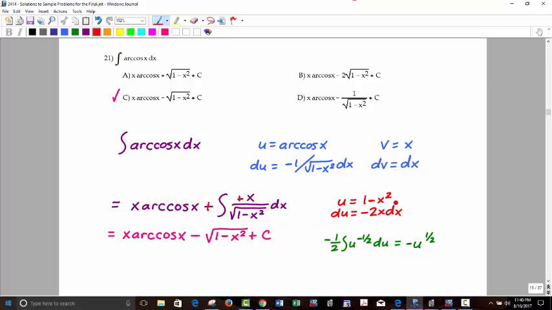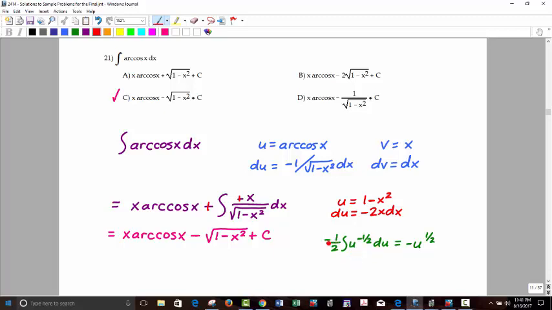But if you let u equal 1 minus x squared, you get du equals -2x dx. And then divide the -2 over, so you have -1/2 du. So you have the antiderivative then, and you bring this up, makes it negative power. So it's -1/2 u to the -1/2 du. And you work this out, you get -1/2 plus 1 over 1/2.